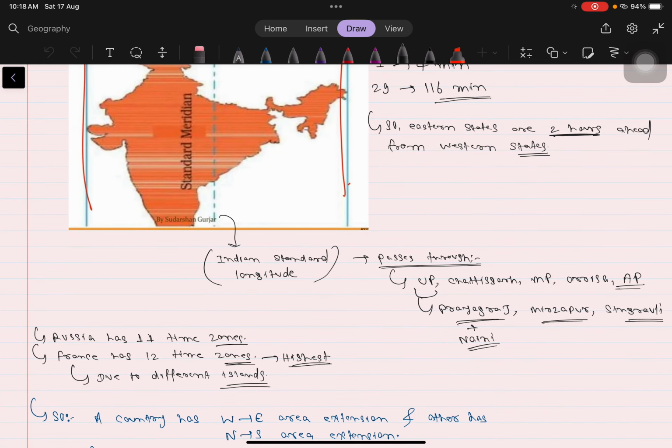Now talking about Russia, India has only one time zone. Russia has 11 time zones. France has 12 time zones, which is the highest in number since different islands are present.